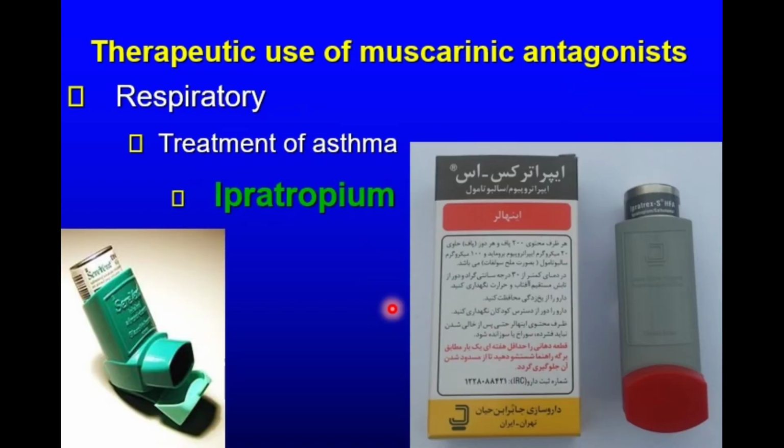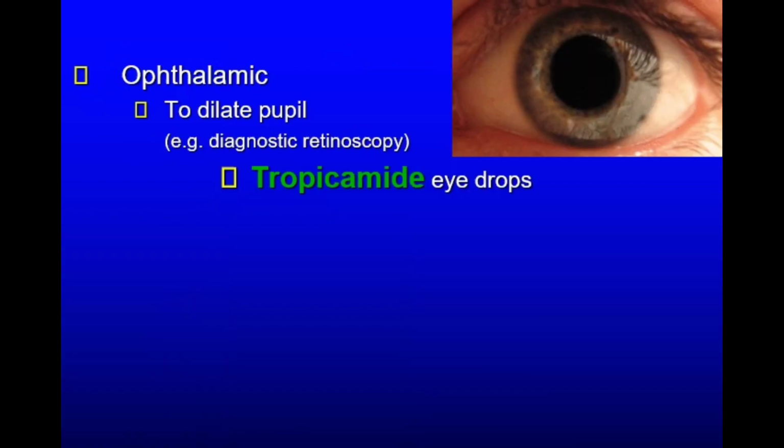On the respiratory system, for bronchoconstriction of chronic bronchitis, ipratropium by inhalation is a useful treatment.